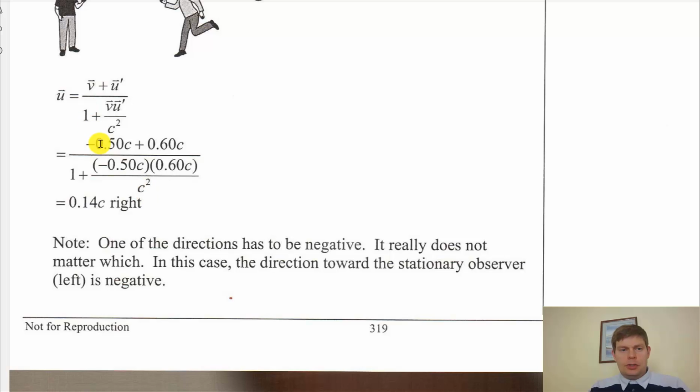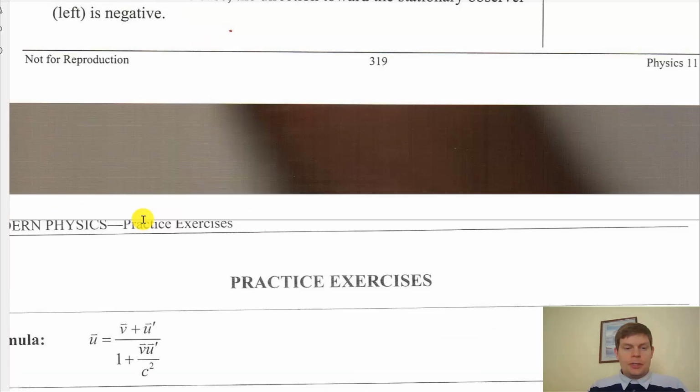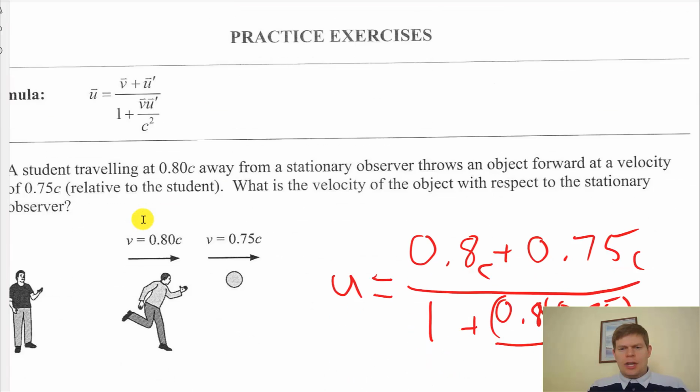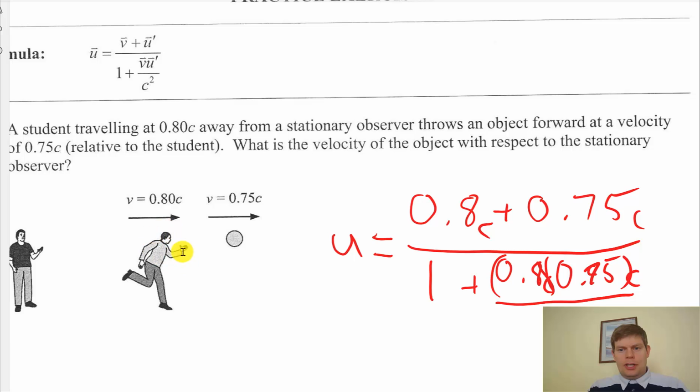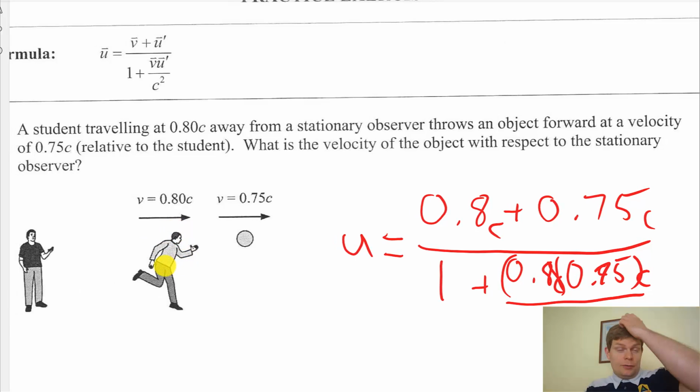So if I would end up with a final answer towards me, I would make towards me positive and away from me negative or something like that. So this is really largely a plug-in-the-formula unit, which we don't have a ton of, but this is one of them, plus making one direction positive and the other negative.